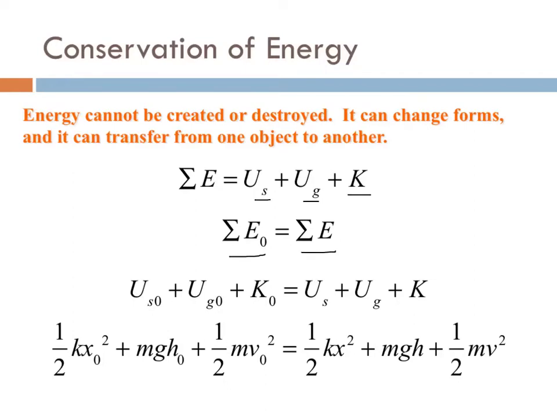So our equation for mechanical energy was any spring potential energy, any gravitational potential energy, and any kinetic energy we have at the beginning should all equal the same amount of mechanical energy at the end. So if we have any spring potential, any gravitational potential, or any kinetic energy at the end, these two values should be the same.